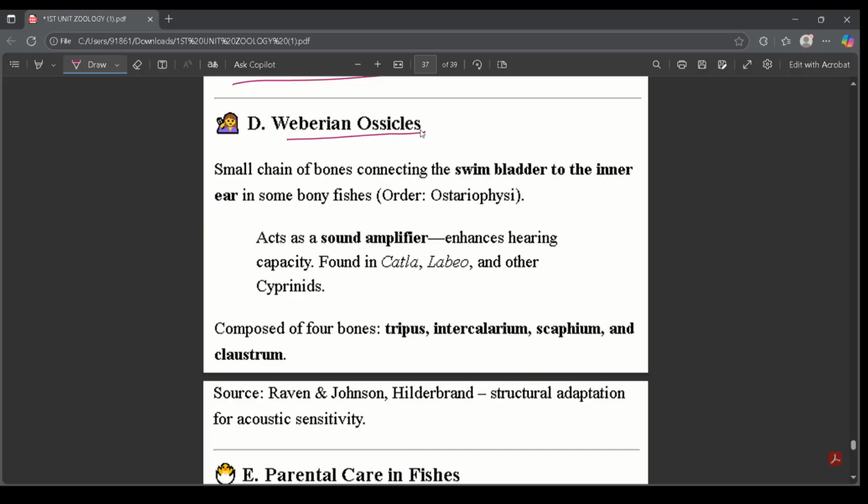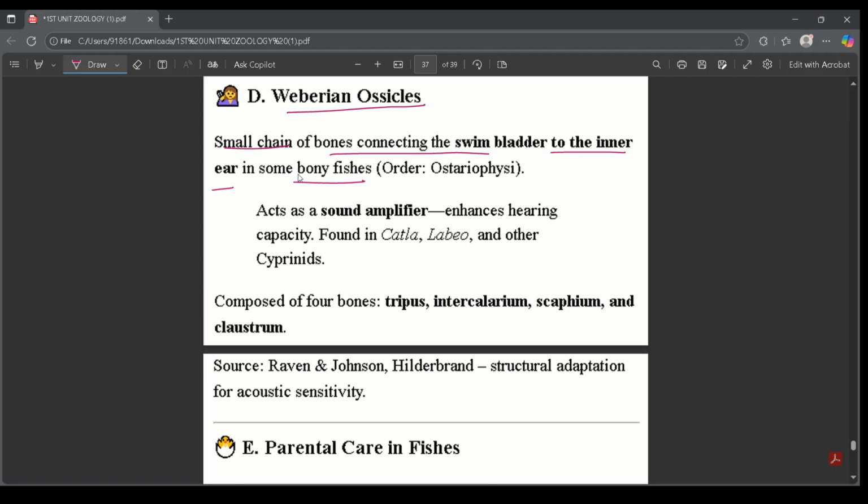Number D is Weberian ossicles. They are a small chain of bones connecting the swim bladder to the inner ear in some bony fishes. There's no example out here, but this is what it means. They act as a sound amplifier and enhance hearing capacity, found in catla and labeo. These are the examples. And other cyprinids; order is Ostariophysi.